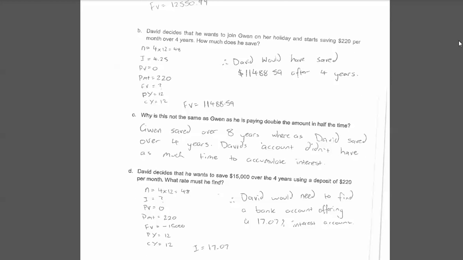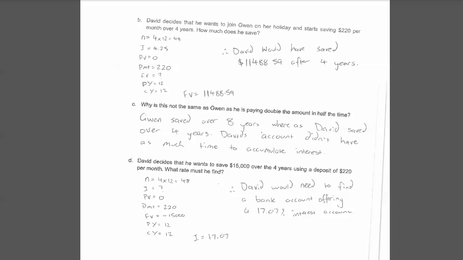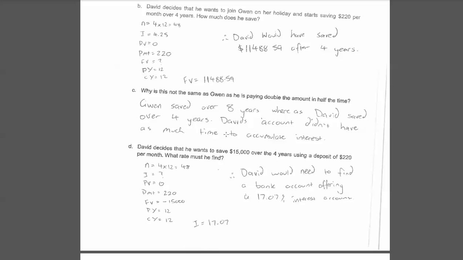As you work your way down, David then decides he wants to start joining the payments. So basically he starts putting in $220 per month over 4 years. And we're using the same rates here as the question above it. So how much does he save? And you can see that his value is a little bit less than the value above. As the next question says, why aren't the values the same?